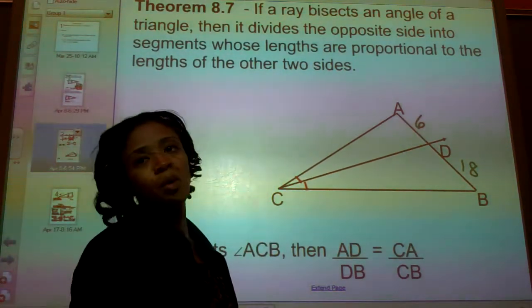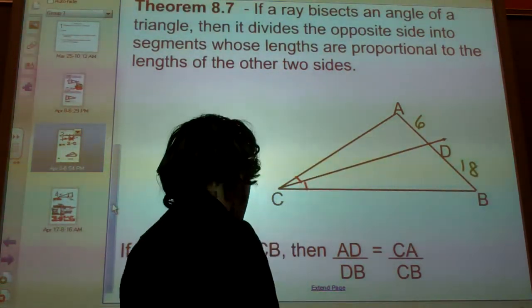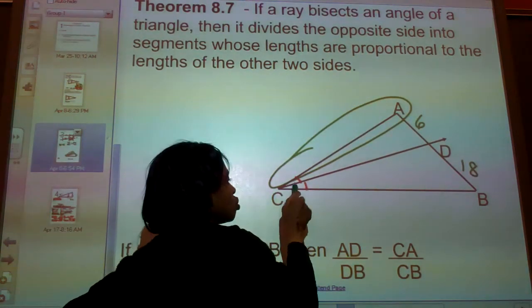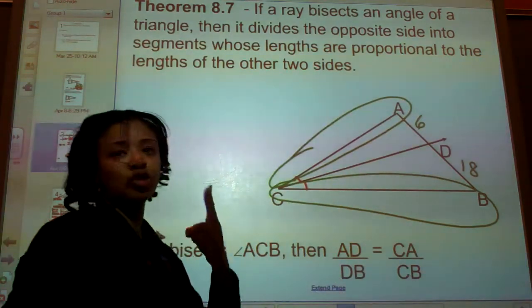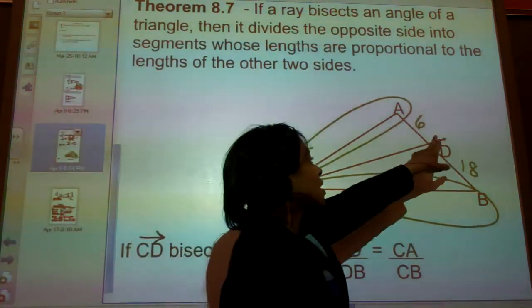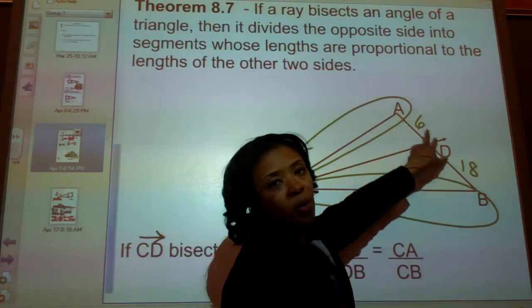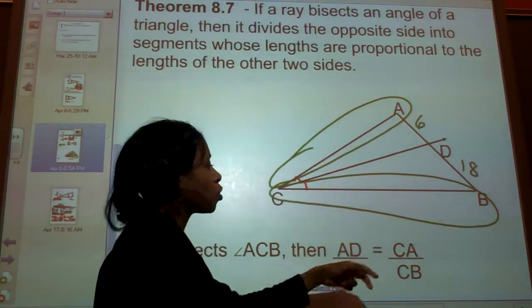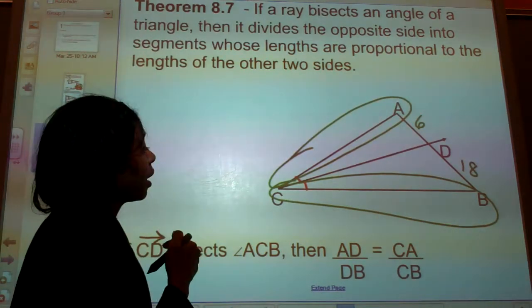The other segment that will also be true is that CA, this segment here, is going to be proportional to CB. So you'll get two proportionality statements. The opposite side, AB, is going to be proportional, and then the legs here, CA and CB, will be proportional. Okay?